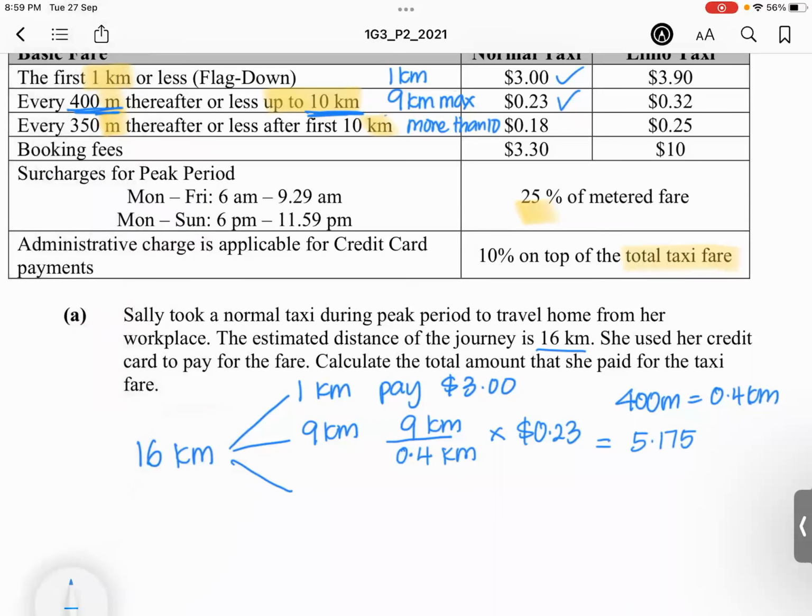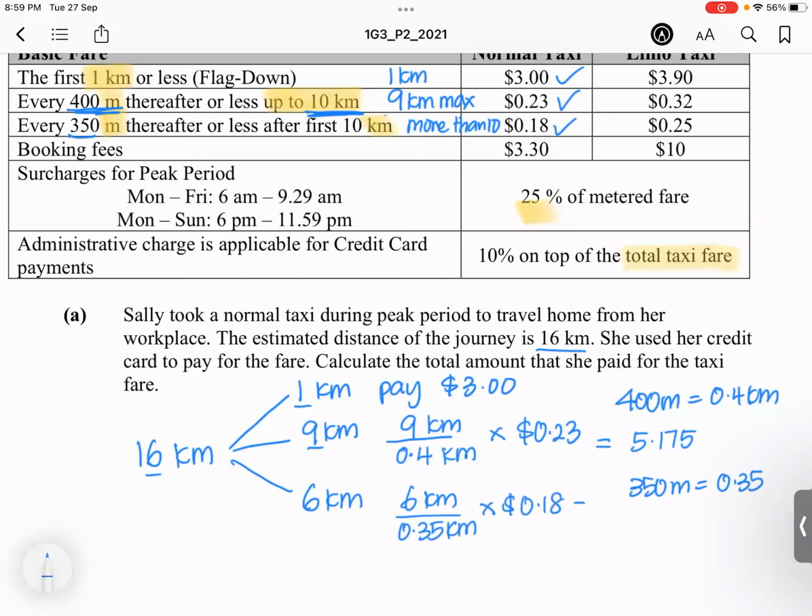Next, the 350 thereafter, all the remaining. So I got 1 and 9, which is 10 kilometers already. I total 16, so I am left with the remaining 6 kilometers. For the remaining 6 kilometers I'm paying per every 350 meters, so I convert this to 0.35. I need to calculate how many of the 0.35 there are, then multiply with the rate 0.118.